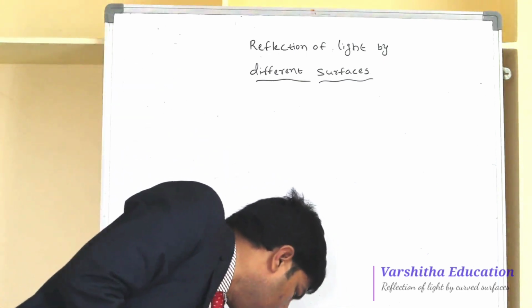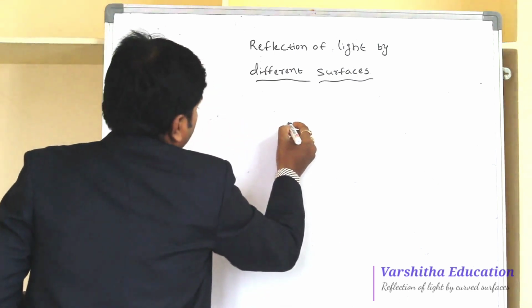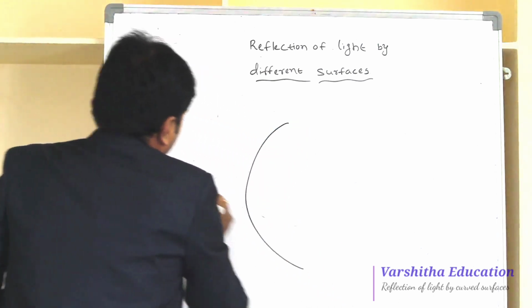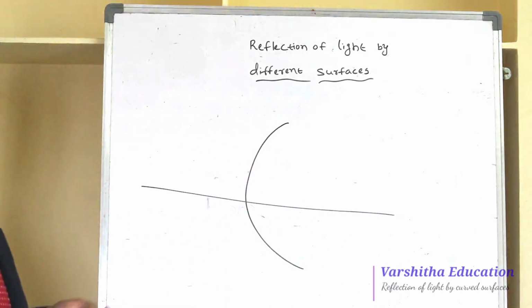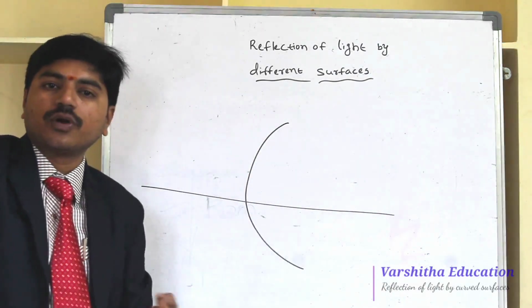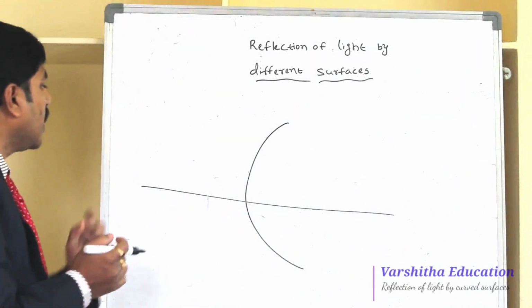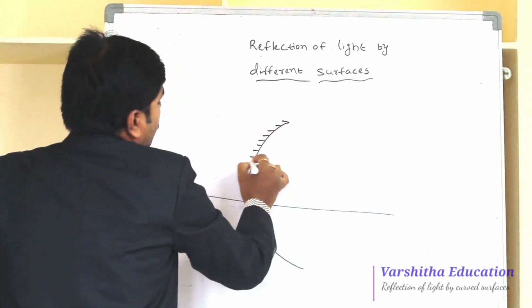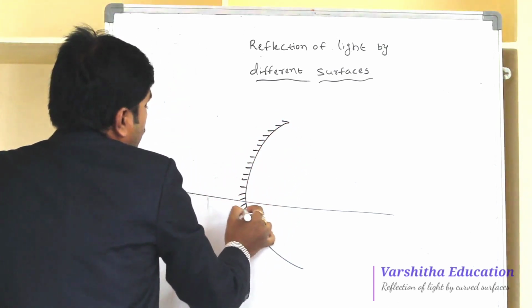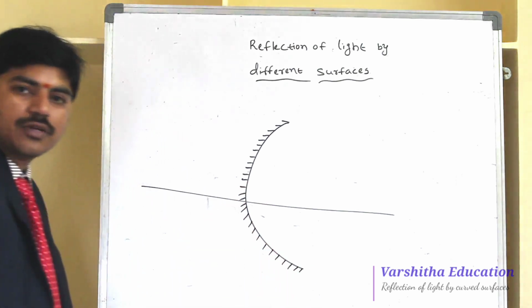First of all, before discussing image formation, some terms are very important, which is the center point and which is the focal point. I can discuss this on a concave surface.